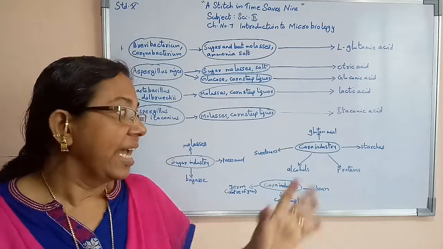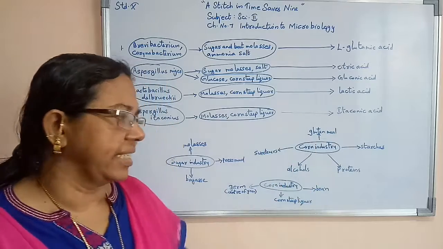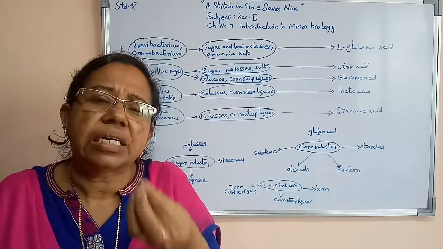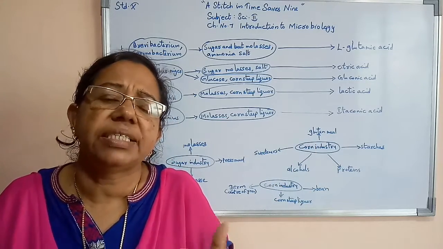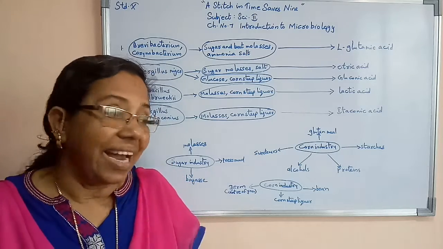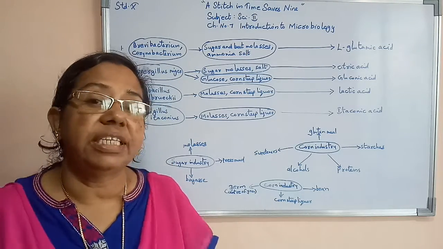After producing all these things, a very dark thick liquid is formed. That is the waste product, known as corn steep liquor.